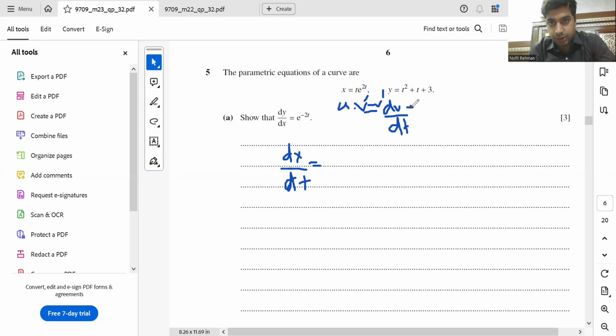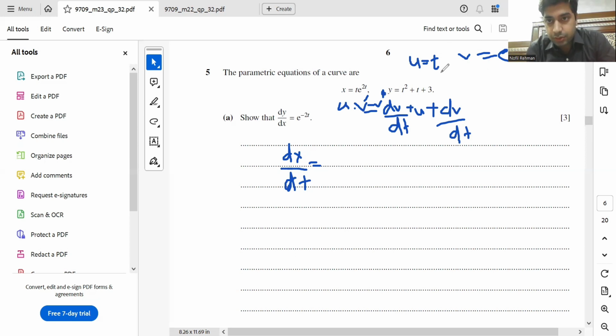So u will be t. You can take anything in any order for this particular problem, otherwise you have to see which one suits. However, in the case of the product rule, it really doesn't matter usually since you differentiate both terms.